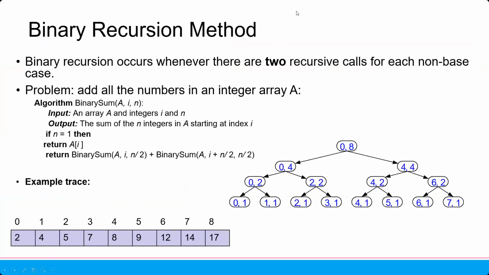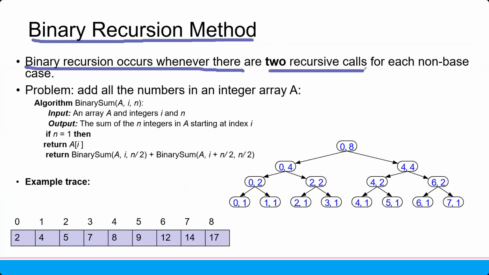Now there is another kind of recursion. We call it binary recursion. Binary recursion occurs whenever there are two recursive calls. Binary means we have two options, 0, 1.